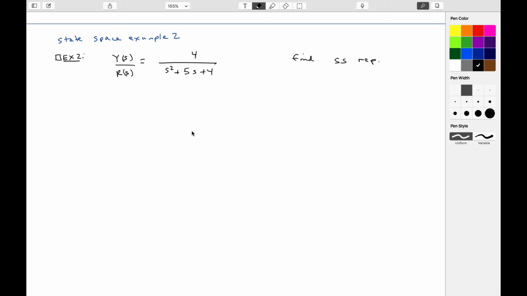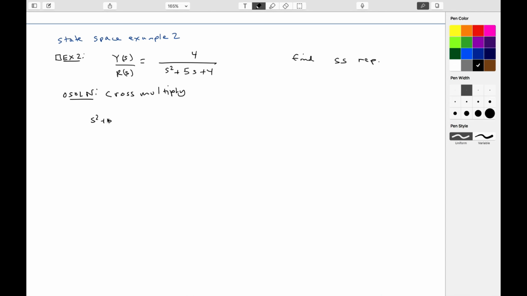Alright, so in state space example 2, what I want to do is again get state space given a transfer function. And the way that I'll do that is I'll start by cross multiplying, so that way I isolate the y's and the r's.